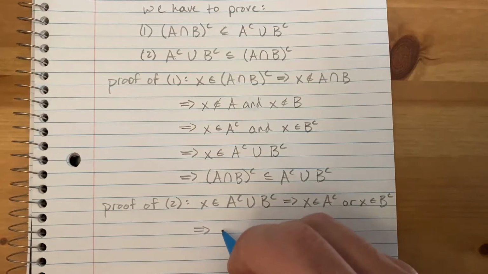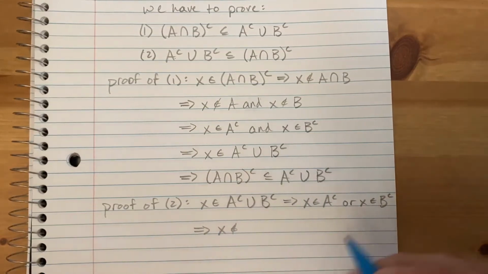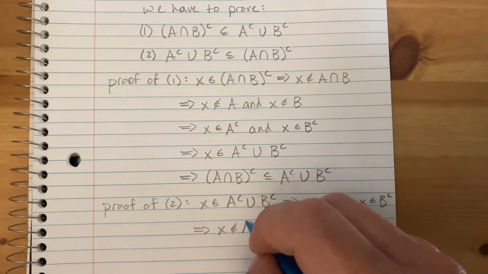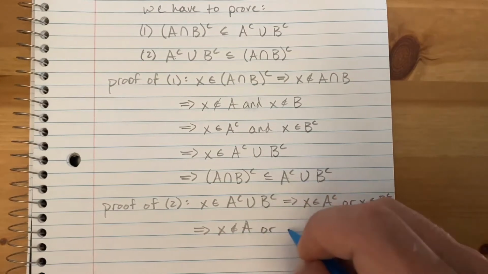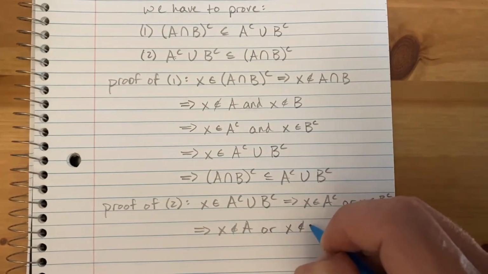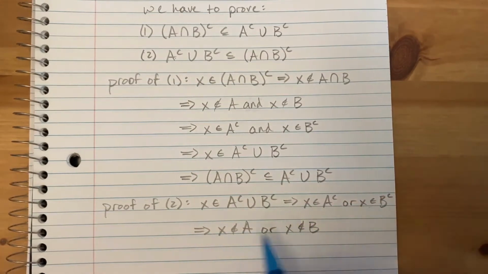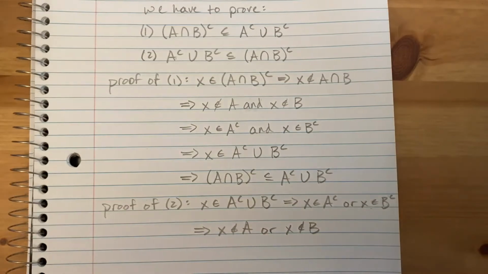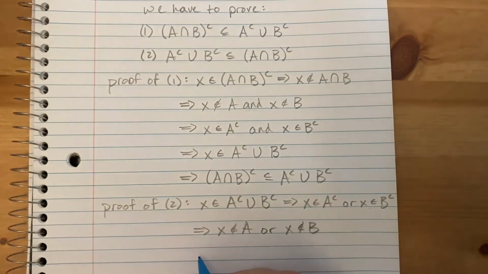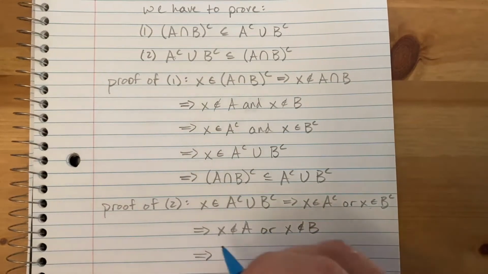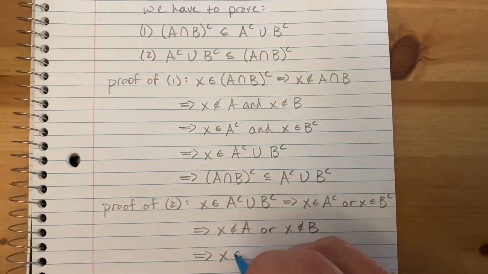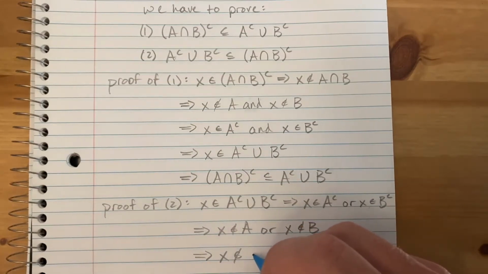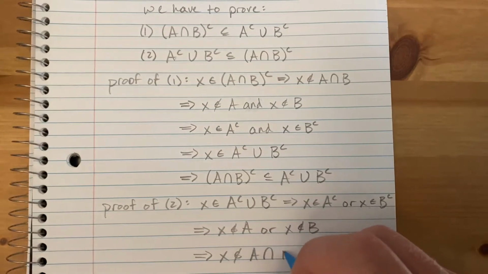Now that implies that x is not an element of A or x is not an element of B, by definition of what a complement is. Now this implies that x is not an element of A intersect B.